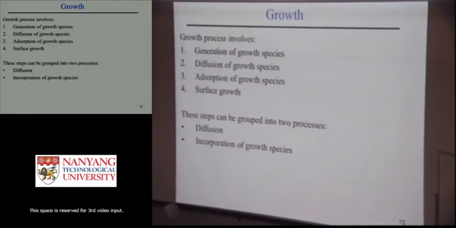So that's why we say if the particle is small, the incorporation of growth species, which refers to the absorption process, is the slowest step. If the particle is small, it takes some time for it to be absorbed. So this is the slowest step. If the particle is big, this absorption process is relatively quick, and then the diffusion might be considered the slower one. So the diffusion will become the so-called controlling step. That's how we separate them.